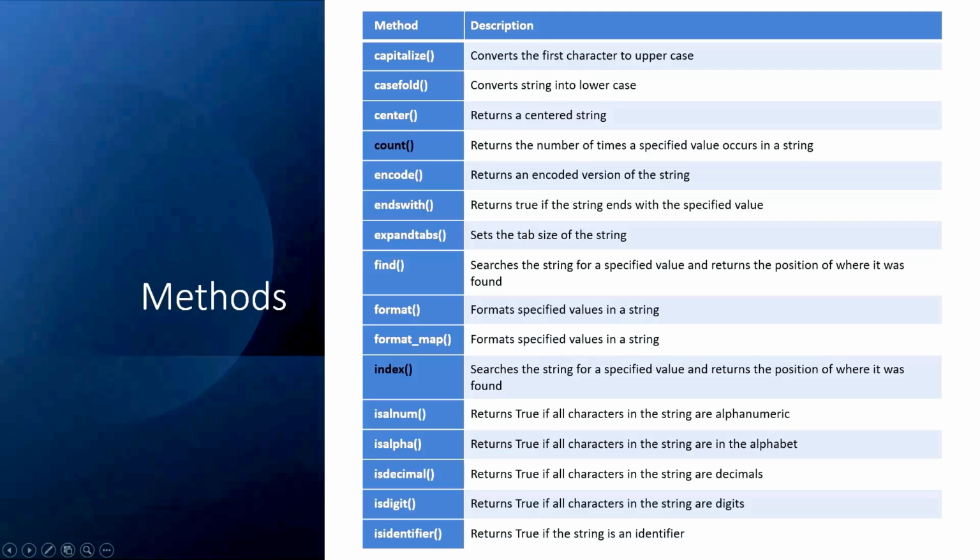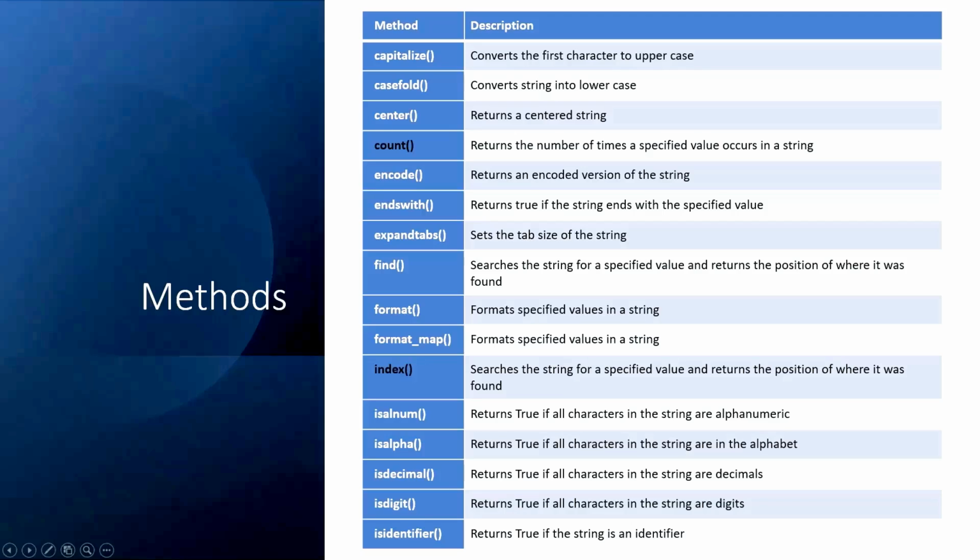So all the ones which are marked with black font are regular, like I have used them regularly. I'll just read through one or two and you will get the idea. So capitalize is convert the first character to the uppercase. So if you want to convert just the first character, use capitalize. Similarly, casefold.